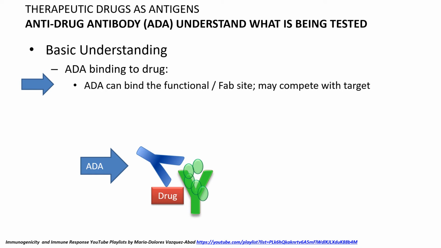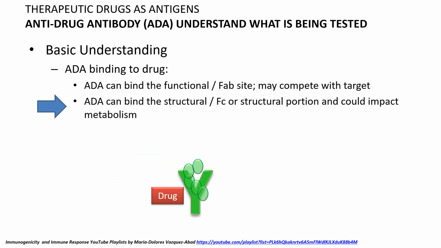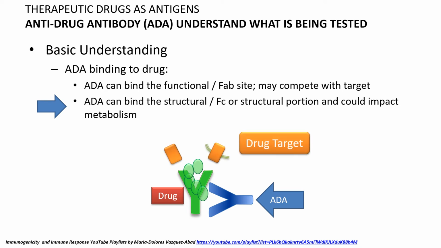Now, not all antidrug antibodies are going to bind that particular piece of our drug. Some antidrug antibodies can actually bind a structural, not a functional, piece of our drug. And in some of these cases, our drug can still bind the drug target. So not all antidrug antibodies will render the drug ineffective. Sometimes we may have circulating antidrug antibodies, even at high levels, and the drug can work perfectly well.